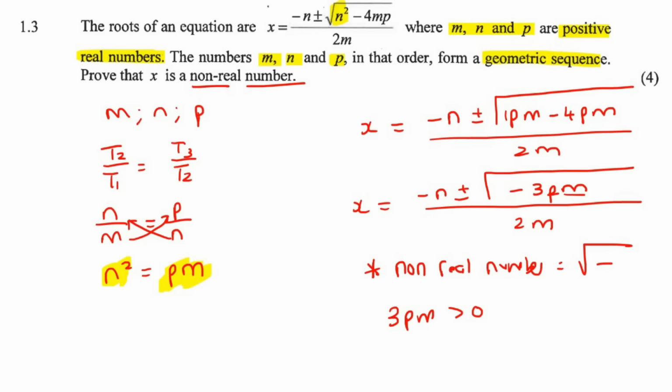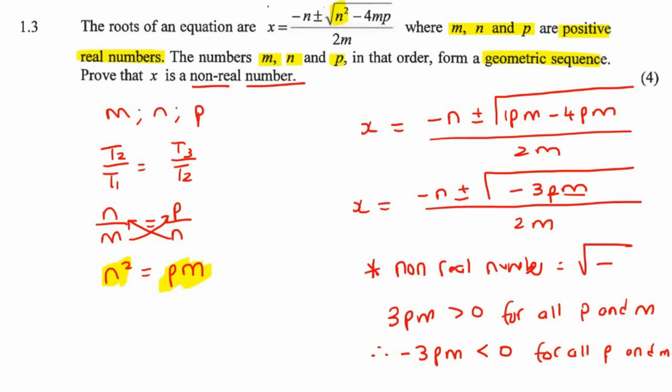So 0 is not included for all P and M. So for all P values and M values, it's always going to be positive. So if you then put a negative in the front, that's going to make it negative. So we can say, therefore, minus 3PM will be negative for all P and M.